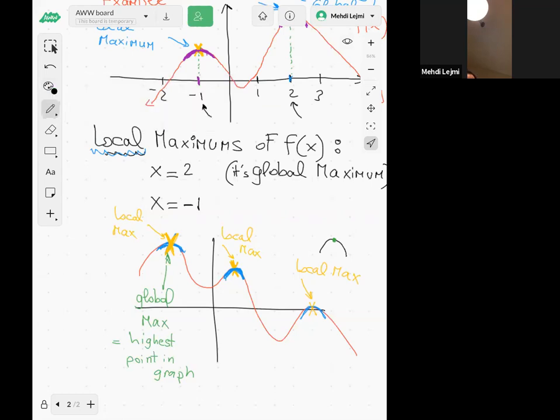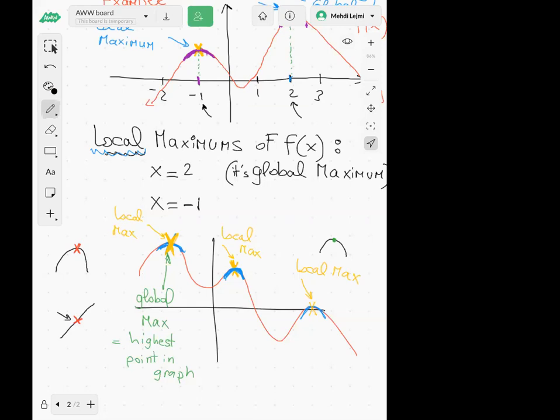Okay, so let's say you have this parabola, and let's say you have this line. I'm gonna take this point, and I'm gonna take this one. My question for you is, do you think this point here would be a local maximum? No. Why is that? Because it's not the highest point.